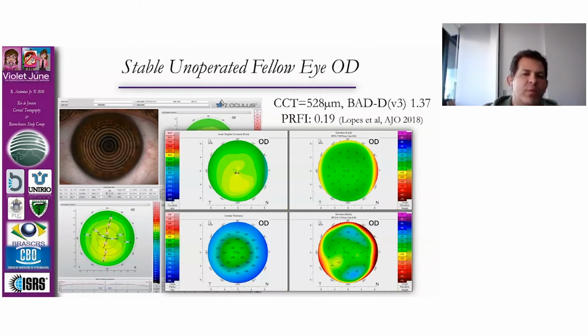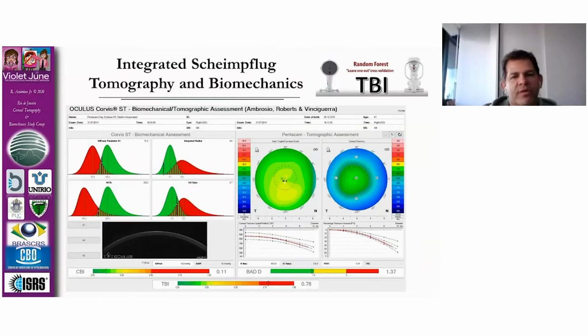But again, when we integrate the tomography data with the biomechanics, you get the 0.78. And here you see the stiffness parameter is in between. The integrated is not looking bad. The DA is in between the ART-H, but the TBI is 0.78. And this is a very good indicator that the patient had ectasia susceptibility.